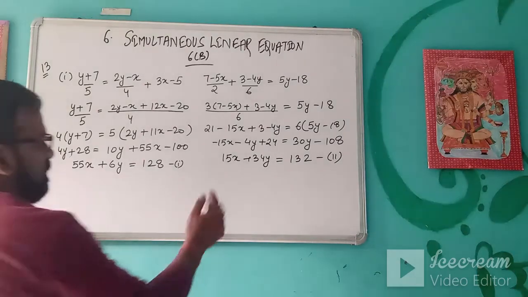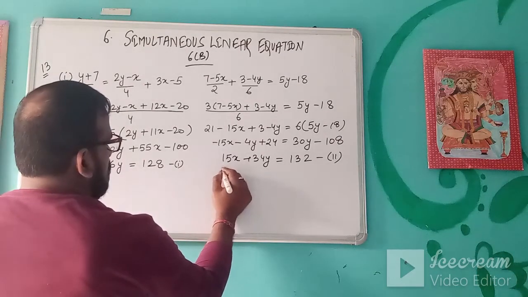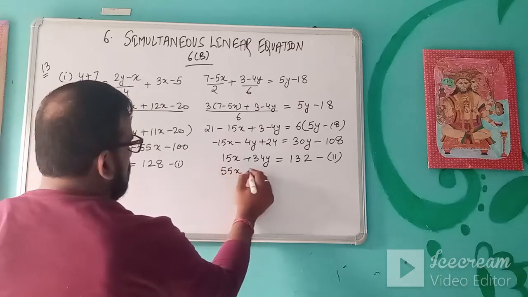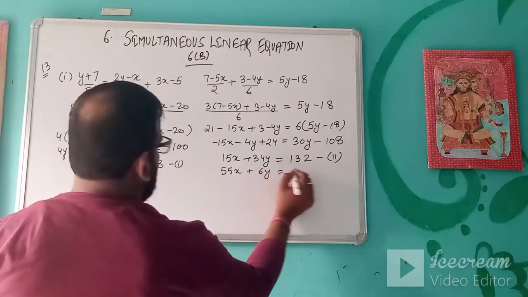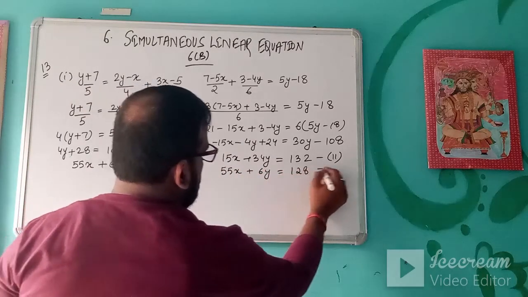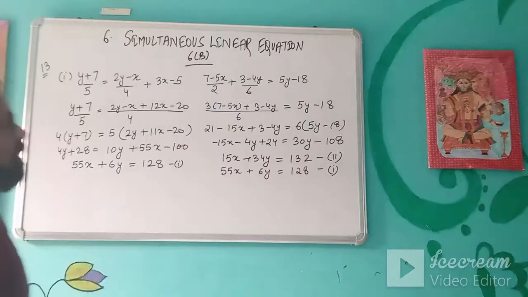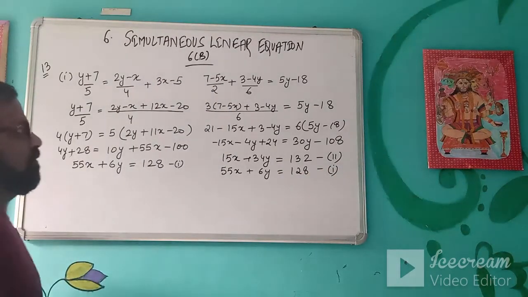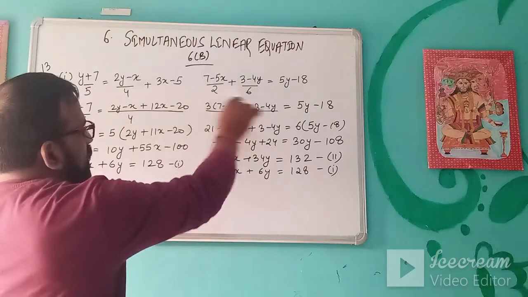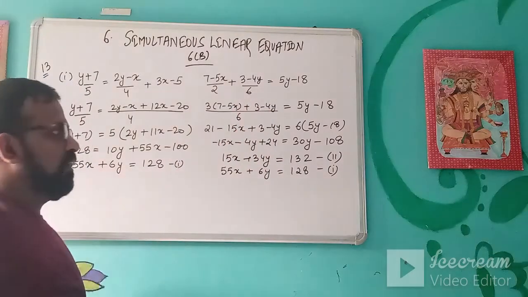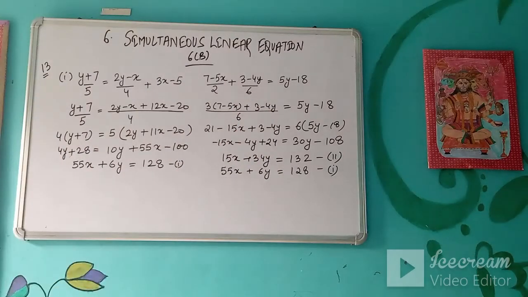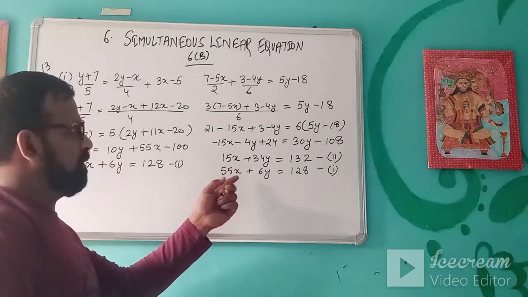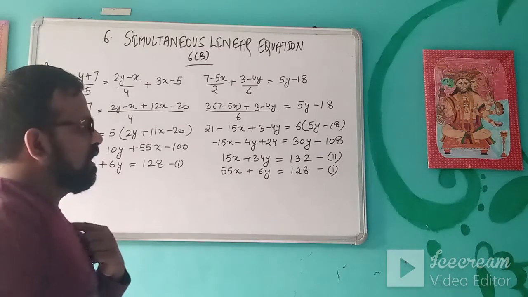Now let's write these two equations together. 55x plus 6y equals 128. That was our first equation. So what we have done till now, we have reduced these lengthy equations into linear equations. We are going to equalize their coefficients.